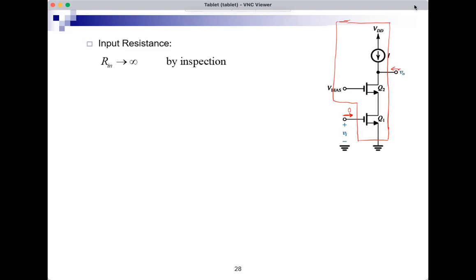So the output resistance would be the resistance looking down in parallel with the resistance looking up. But if this is an ideal current source, pure DC, that's an infinite resistance here because this becomes an open circuit. So the output resistance of the overall amplifier equals the output resistance of this stage looking into the drain of Q2.